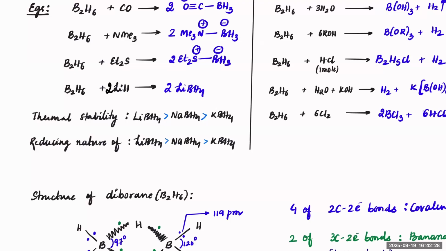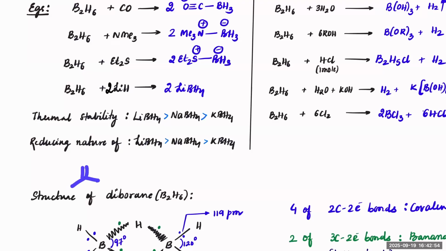Make sense? If lithium, sodium, or potassium is connected with boron hydride, lithium, because of its high polarizing power, will have more thermal stability compared to sodium and potassium. Also, lithium can easily club.